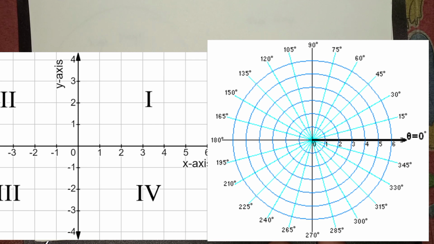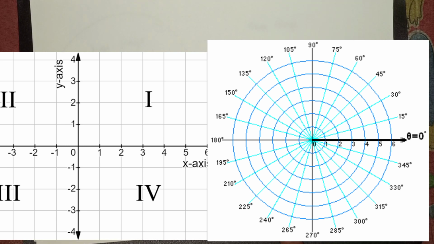The key difference between Cartesian and polar coordinates lies in their representation and the way points are described. Cartesian coordinates use horizontal and vertical distances, while polar coordinates use a distance and an angle.